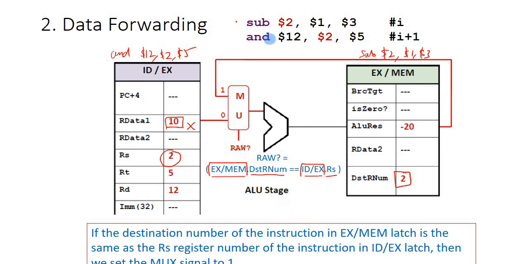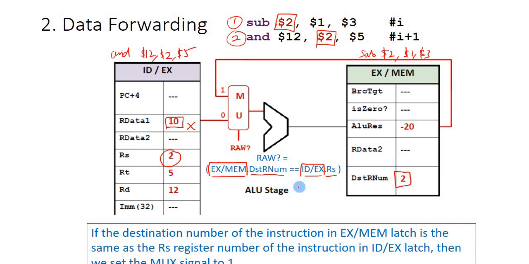So if my first instruction is in the EX mem stage, the second instruction is in the IDEX stage, and I'm trying to check that the destination register here is the same as the source register here. If this is true, then what should I do?